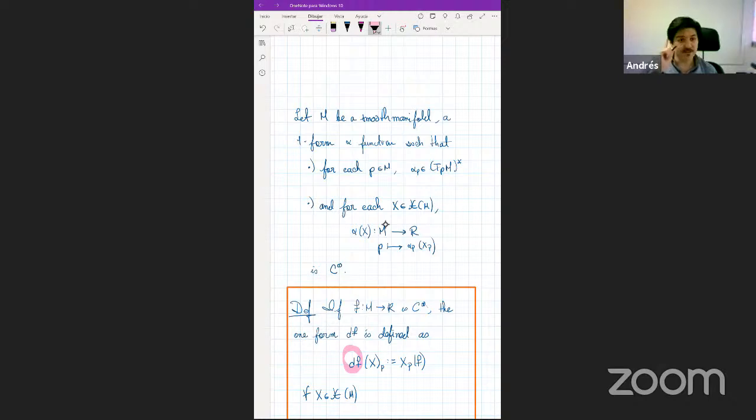But at this point, it's a single object. So given a function, we define a one form. If I take any vector, this should give me a real number. And it's precisely this: a derivation at p applied to a smooth function. So that's what we will call the differential of a function.